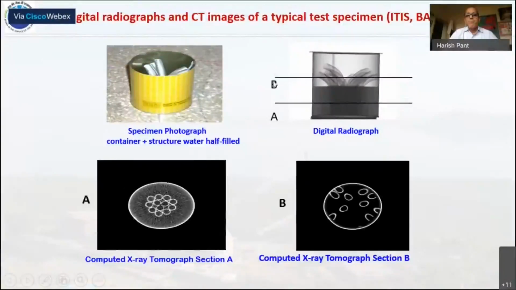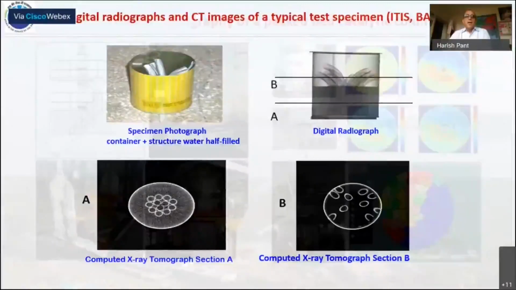In the same way at cross section B, you can see these oblique circles. They are nothing but the pipes. So like that, one can take the tomograph of any object to see inside the structure of the container.